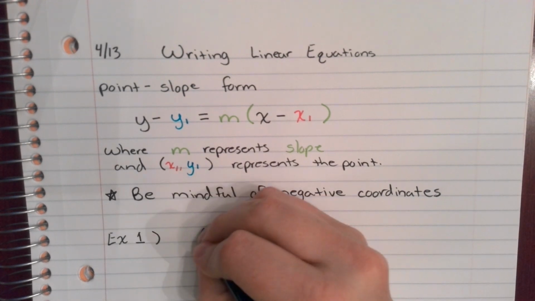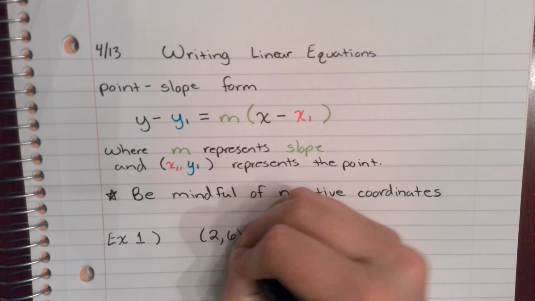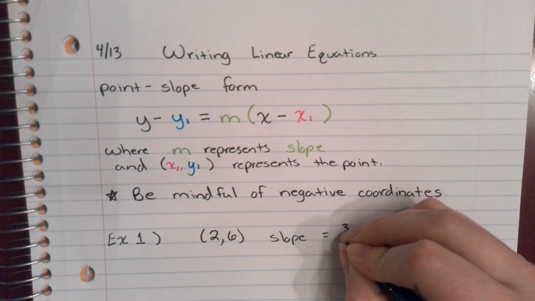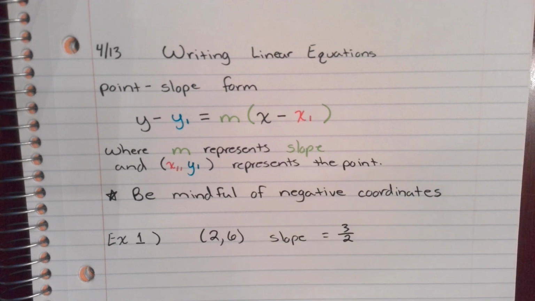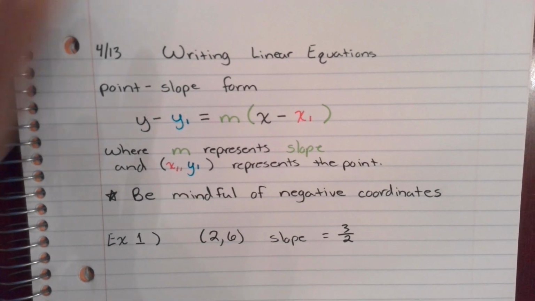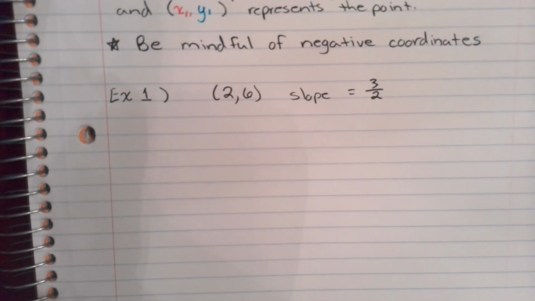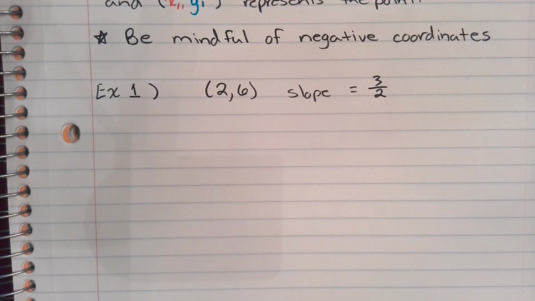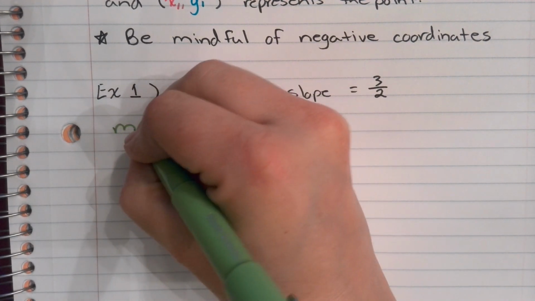If we have the point 2, 6, and we've got the slope of 3 over 2. So first thing I want to do is identify the values that will be represented.